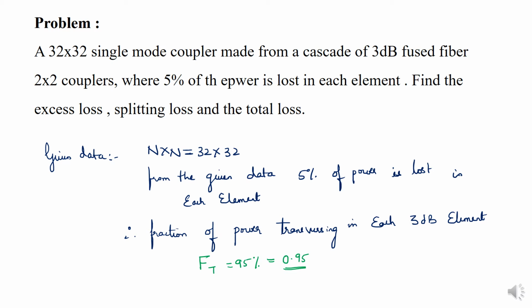So we know that n cross n, here it is a 32 cross 32 star coupler they have used. From the given data they have told 5% of loss is there in each element. So how much power will be traversing in a 3 dB element is the remaining 95%. So we can write Ft is equal to 0.95.